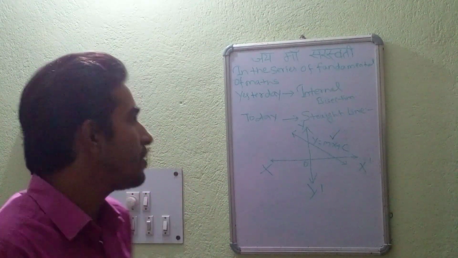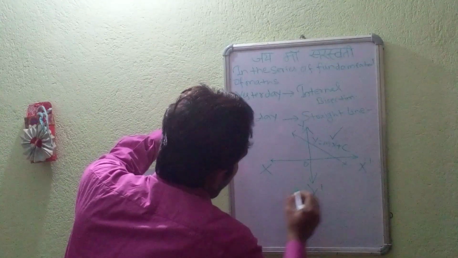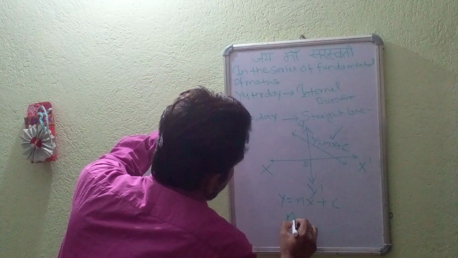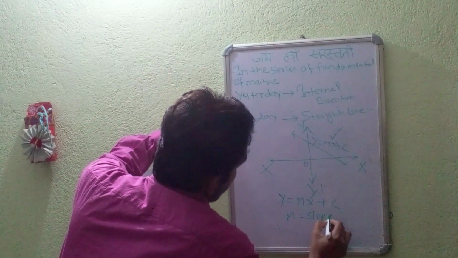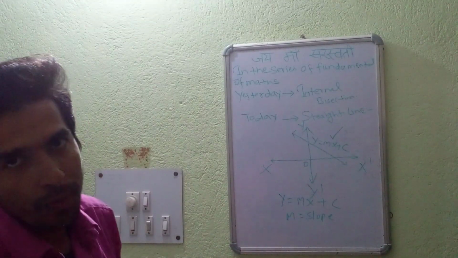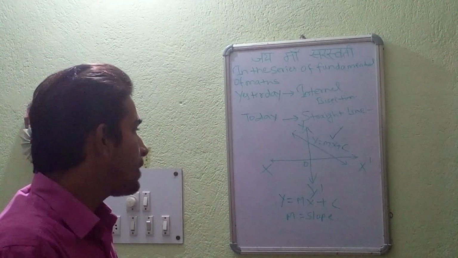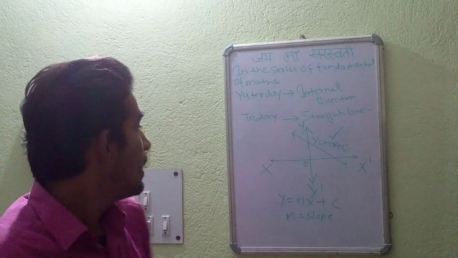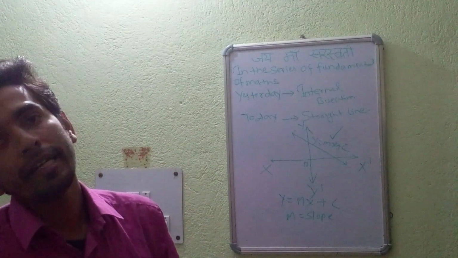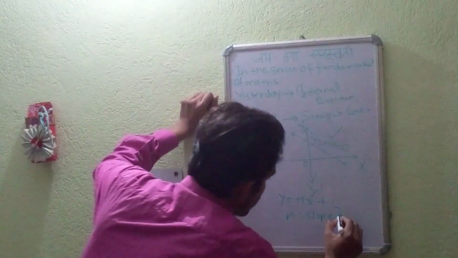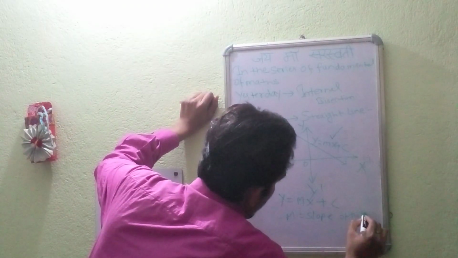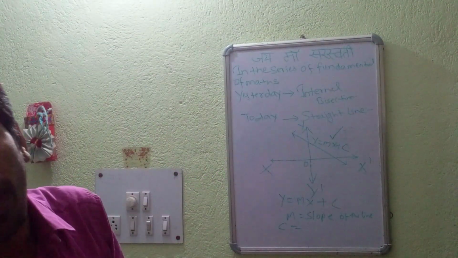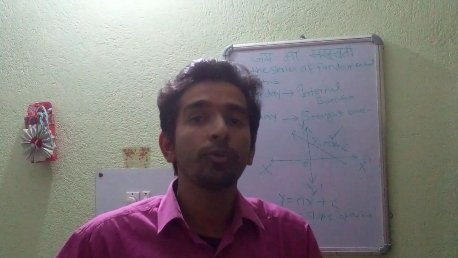In this equation, the letters have different nomenclatures, they have different specifications. m is the slope of the line, and the letter c denotes the intercept on the y-axis.